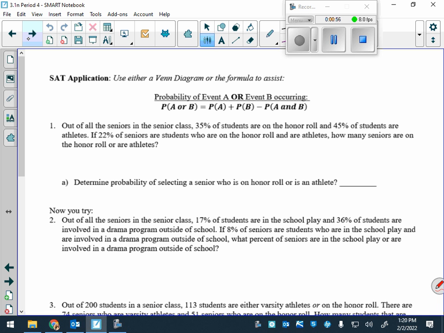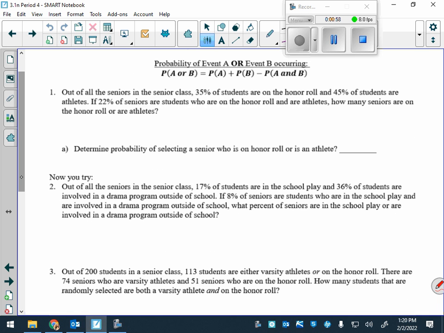But if we wanted to find, for example, in this first question here, out of all the seniors in the senior class, 35% of students are on the honor roll. So that's one event, on the honor roll. 45% are athletes.